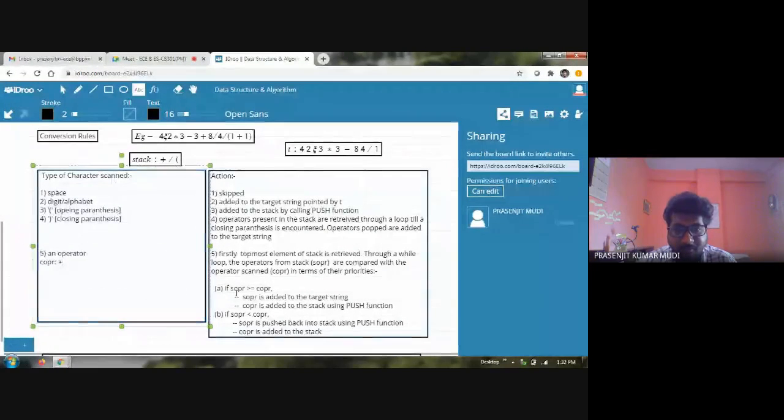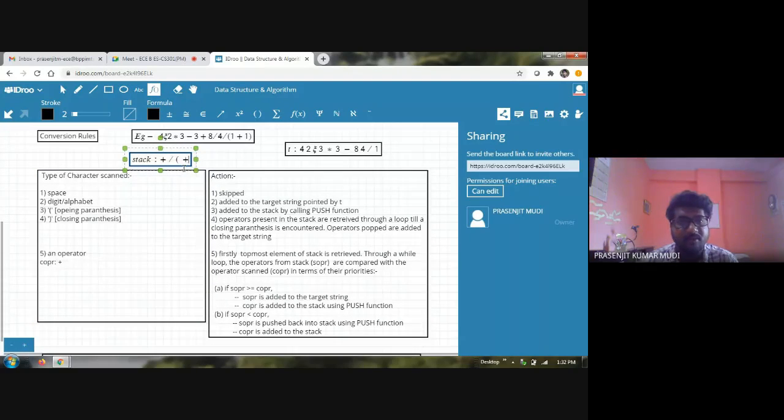So what will happen? The plus and first bracket is being compared. So it is not an operator. So it is of higher priority. Simply COPR is greater than SOPR. So both of SOPR and COPR will be pushed back into the stack. So simply what will happen? So after first bracket start, plus will be added.